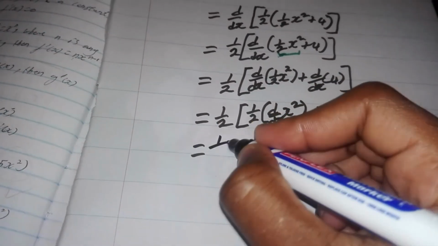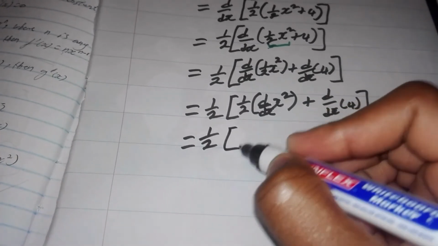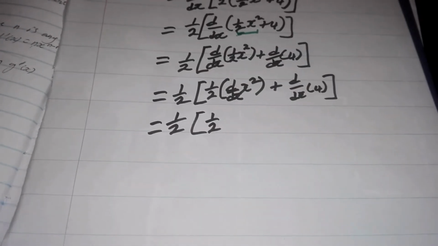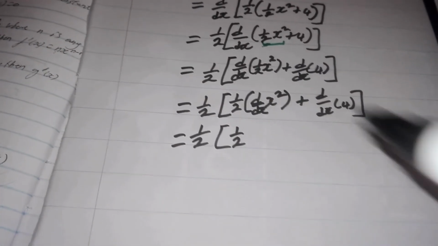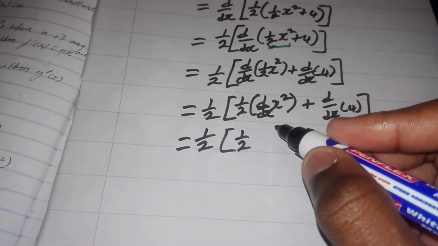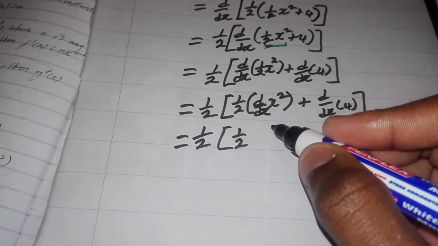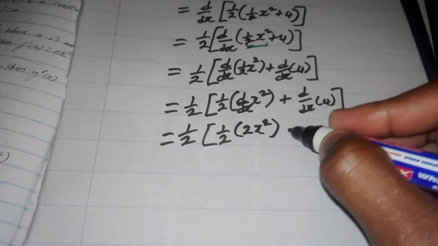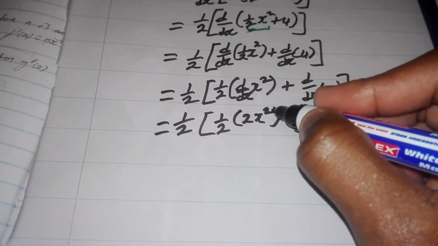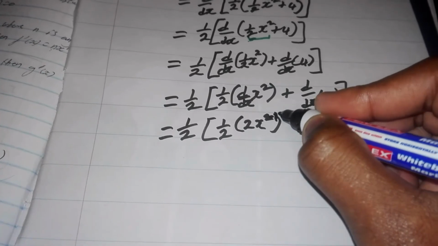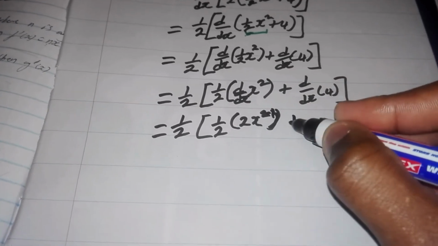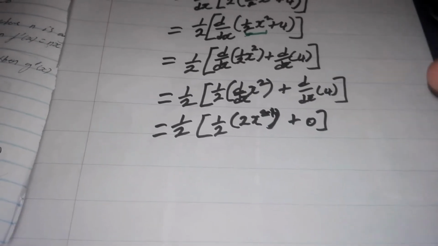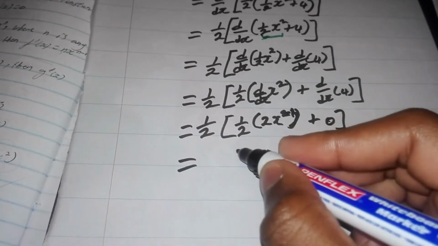So yeah, 1 over 2, we have from the second bullet point on the rules for differentiation, the differentiation of x to the power n is taking that n and then a minus 1. Sorry guys, you have to subtract 1 there. So plus, here we have our 0, from bullet point 1, and then we have 1 over 2.